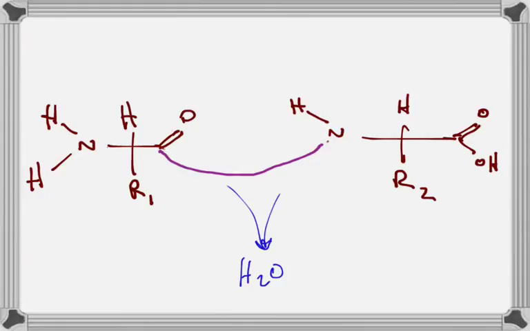Regardless of the size of these polypeptides, there's always going to be a free amino group at one end and a free carboxyl group at the other end. When we read a protein sequence, we're always reading from the amino to the carboxy sequence. That's what we call the primary structure. It's just the amino acid sequence.